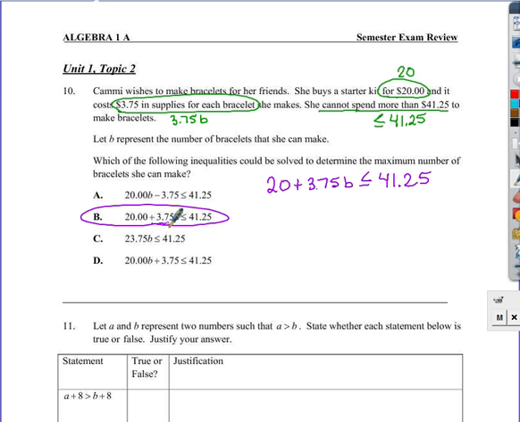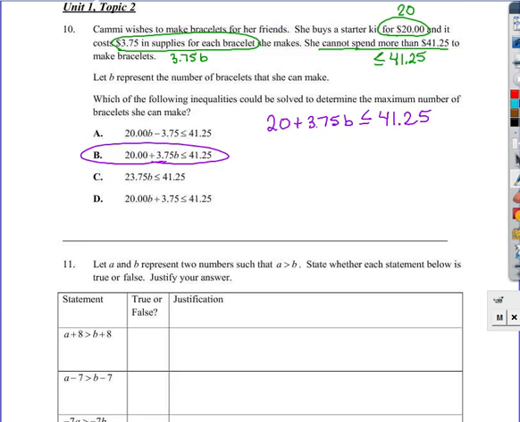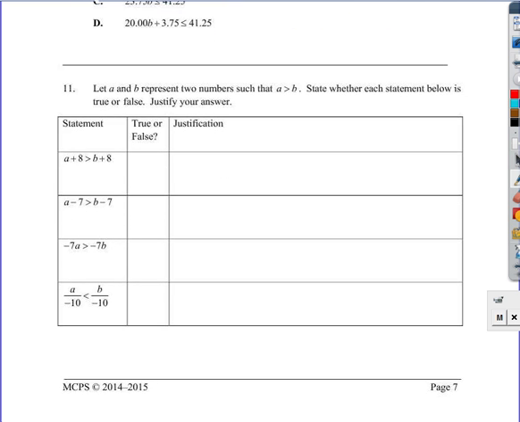Number 11. Let A and B represent two numbers such that A is greater than B. State whether each statement below is true or false and justify your answer. So, if I have A is greater than B, and I add 8 on both sides, that means this will still be true. A plus 8 will still be greater than B plus 8. Why?